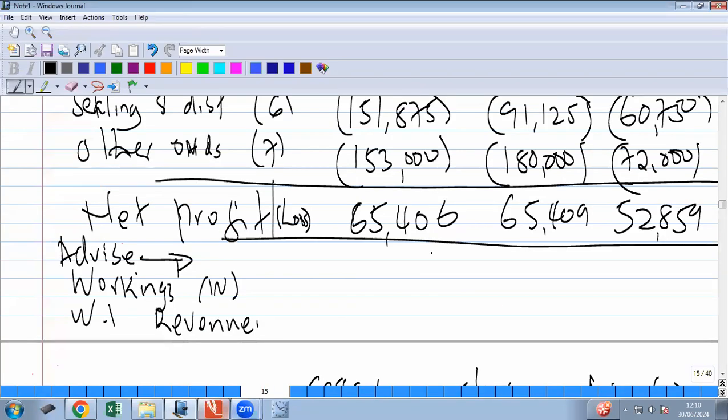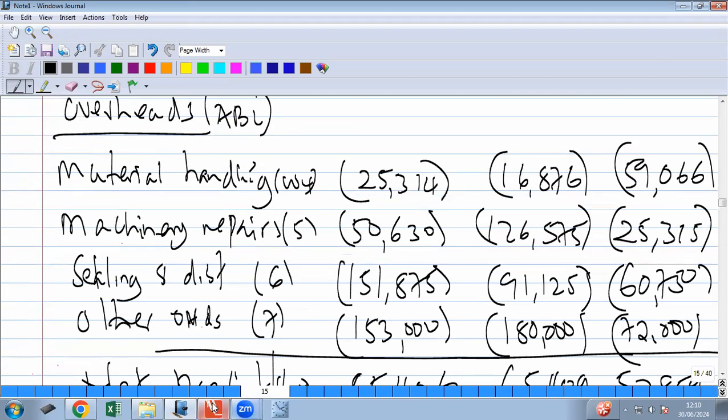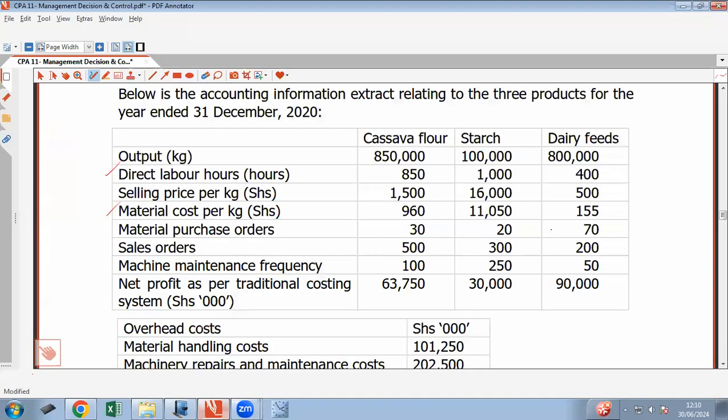And maintain the traditional system for dairy feeds. You can now give the reason there. Dairy feed, because it had a higher profit of 90,000.